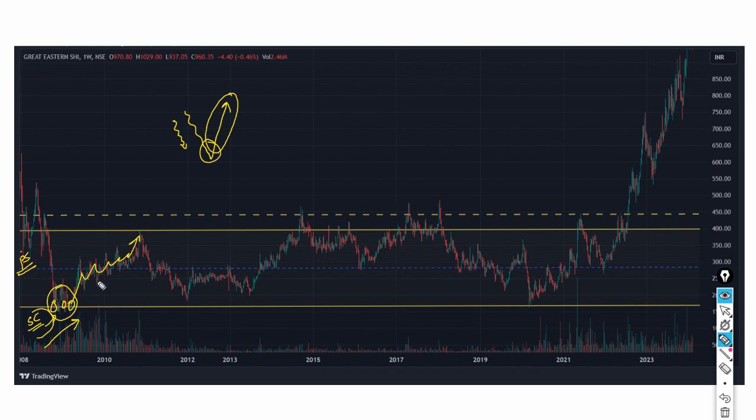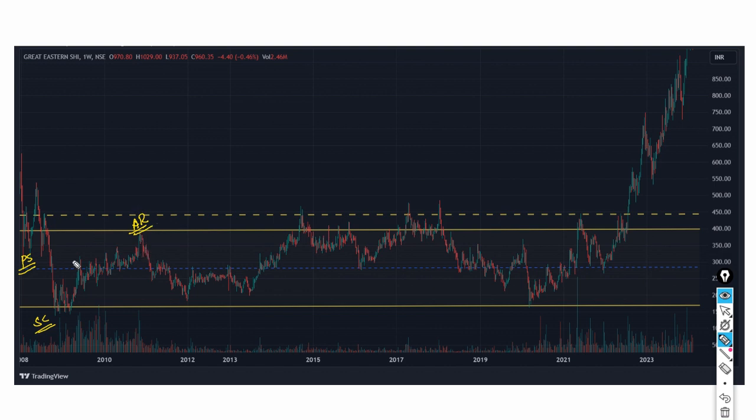Therefore we are getting an automatic rally. This is called AR, and it also causes panic short covering. So here are the first three events: preliminary support, selling climax, and automatic rally.